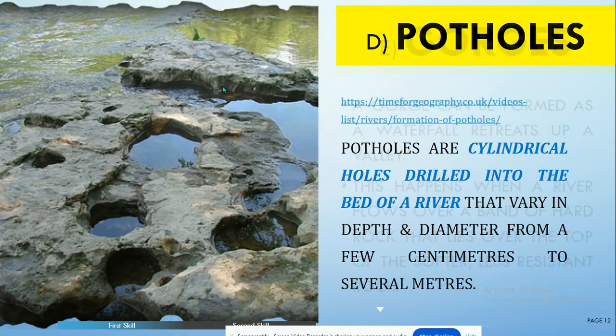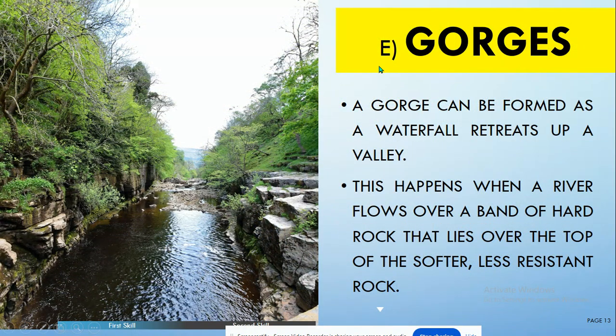Next is gorges. Now you see the gorges, wow. Some features you've not yet seen with your eyes, but they do exist. They're so fascinating. A gorge can be formed as a waterfall retreats up a valley.